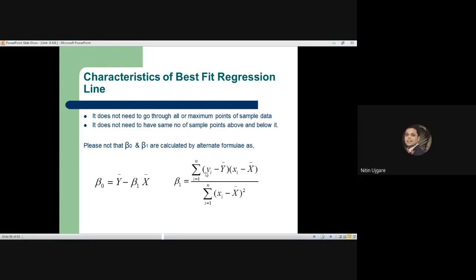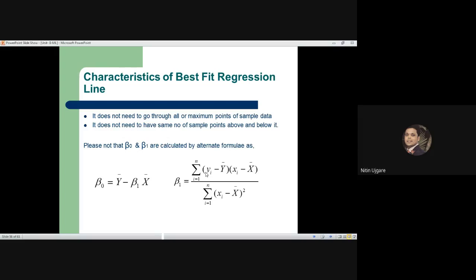What it says is, the best fit regression line does not need to go through all or the maximum points of the sample data. It is not necessary that the linear regression line you draw on the x and y plane, or whichever line you are modelling, that line does not necessarily pass through all the points of your data set or the maximum points of your data set.